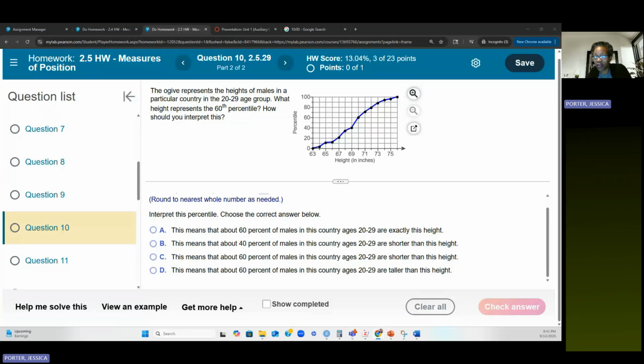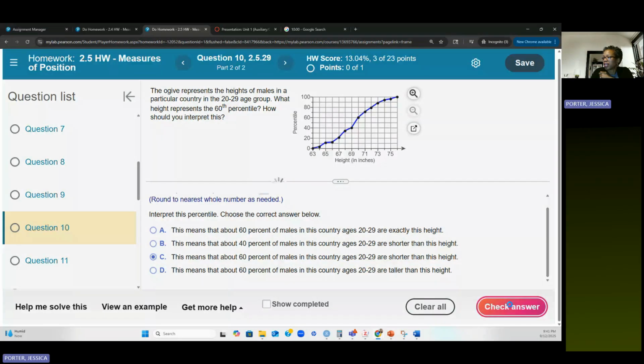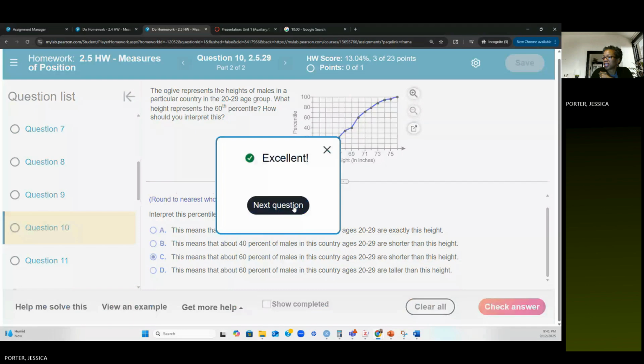Only Avery wants to wage a guess there. So on B, they have 40%, and it still says shorter, but it's 40 instead of 60. Don't let them fool you. All right, so shorter was it.